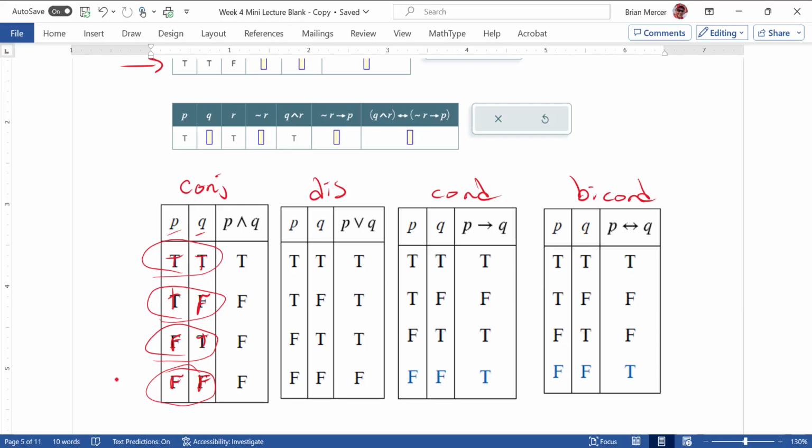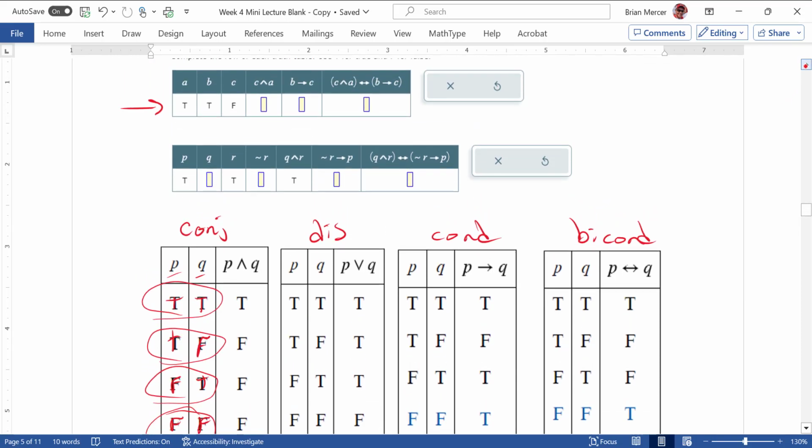And so based on that, I'm going to scoot this back up just a little bit. So we're relying on our knowledge of those truth values. Here we're given the situation where A is true, B is true, and C is false. So what do we do with the conjunction that's essentially saying C and A? That conjunction is the "and" scenario.